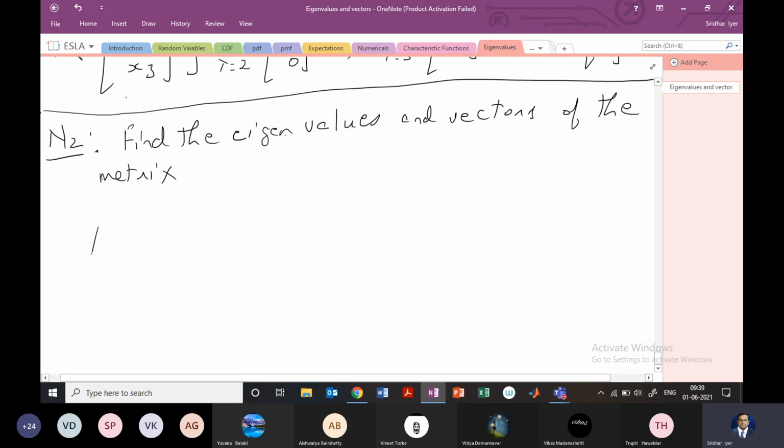So I'll write the matrix here. A is equal to the matrix 1, negative 1, 2, 4.